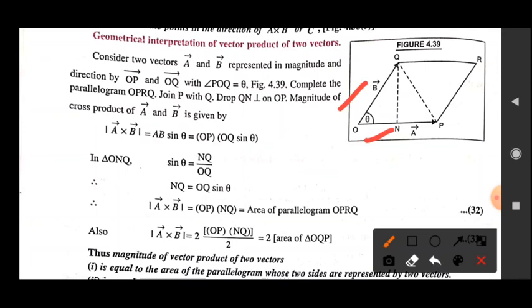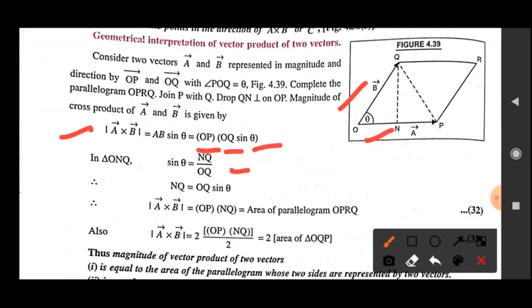So the cross product A cross B is given by AB sine theta into n cap. Here A can be written as OP, and B sine theta can be written as OQ sine theta.